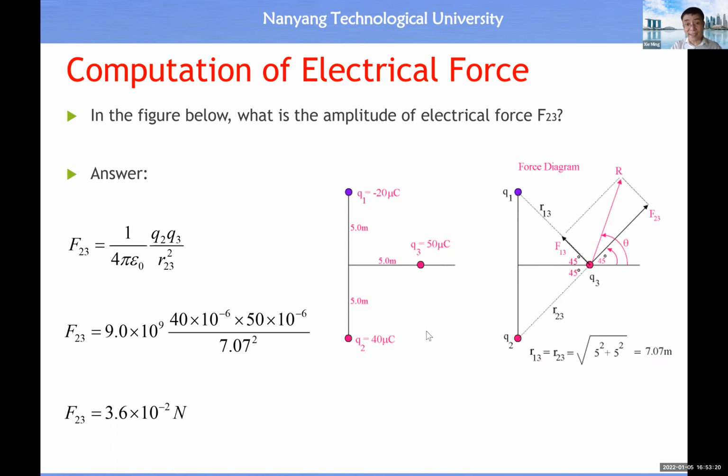Then from this drawing, we know the x coordinate of Q3 is equal to 5 meters, the y coordinate of Q1 is equal to 5 meters, and the y coordinate of Q2 is equal to -5.